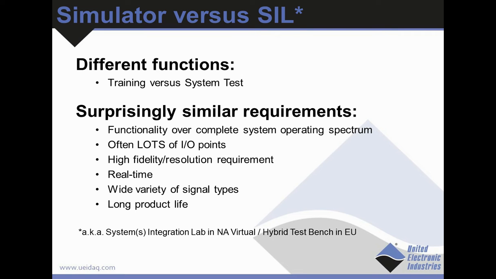There's often a wide variety of signal types, and these are often large, expensive systems. So it's something you'll want to consider end-of-life problems with, because these have long product lives. I mean, there's many simulators we work with that are 25 and 30 years old and are on their second generation of I/O.